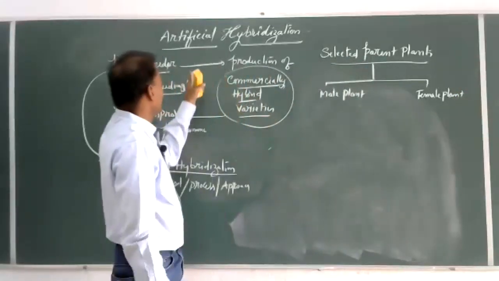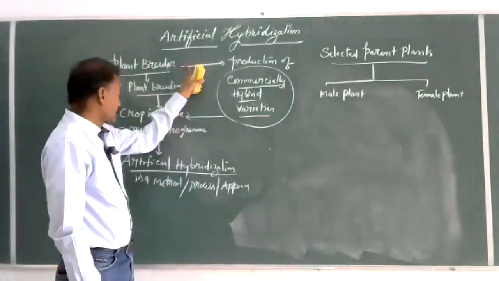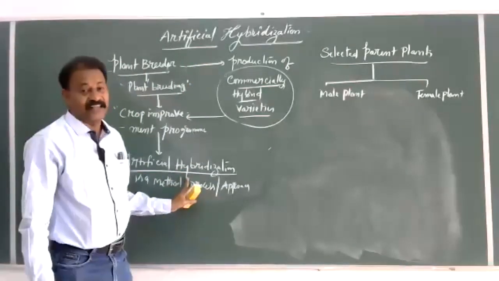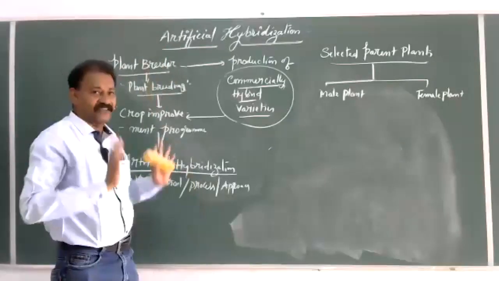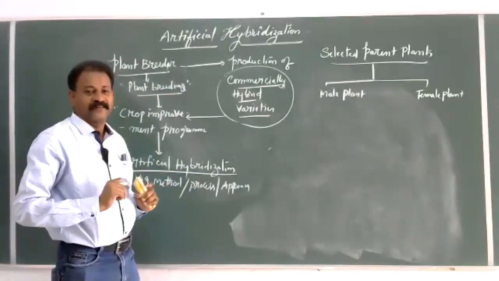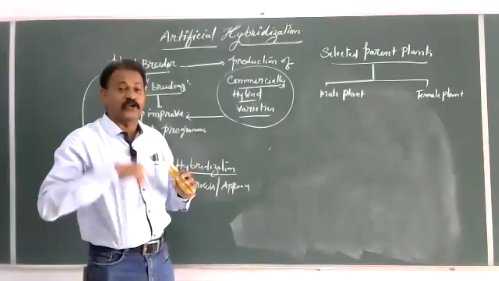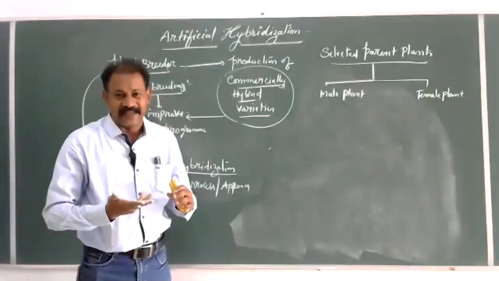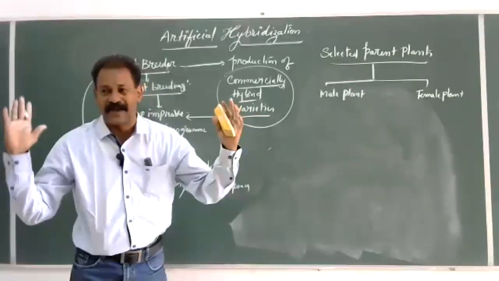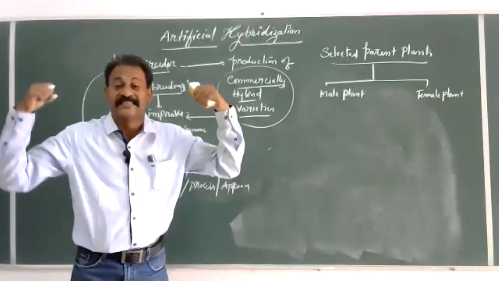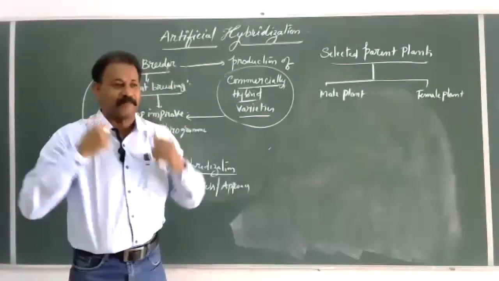A plant breeder who wants artificial hybridization, meaning not natural, but artificial, wantedly, wants to produce a new variety of plant by taking 2 different plants, to get maximum good qualities in a single plant.